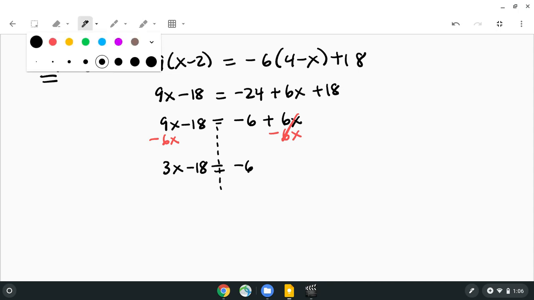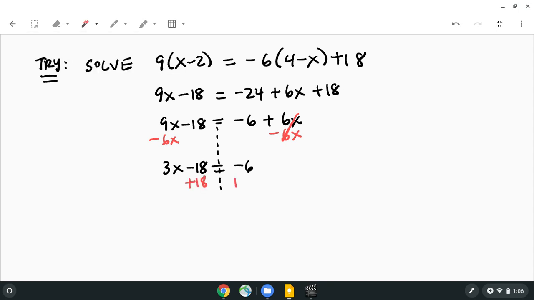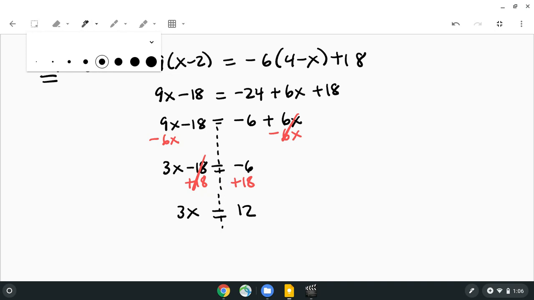Now I'm going to go ahead and add 18 to both sides. And that will leave me with 3x equals 12. And now I can divide both sides by 3. And that will give me 4. So x equals 4.